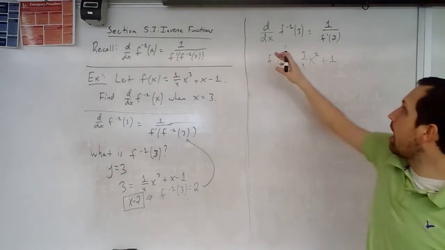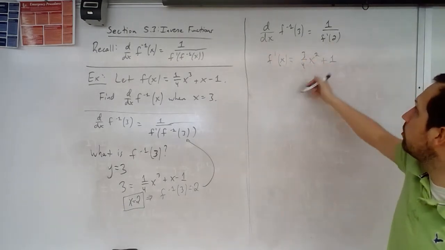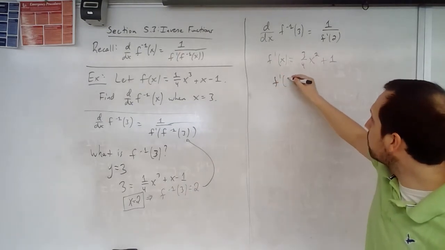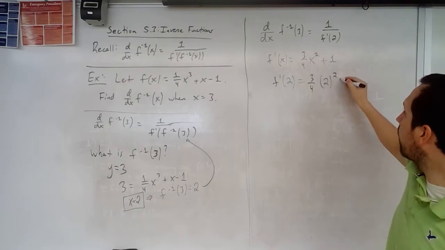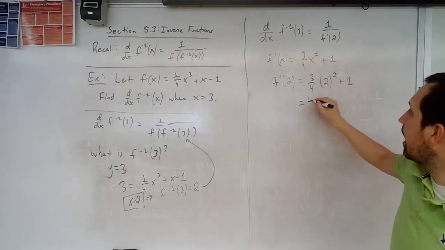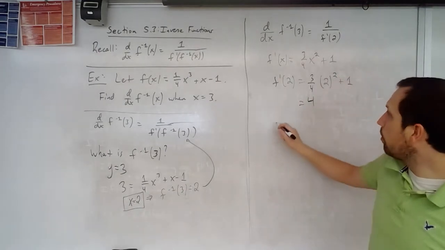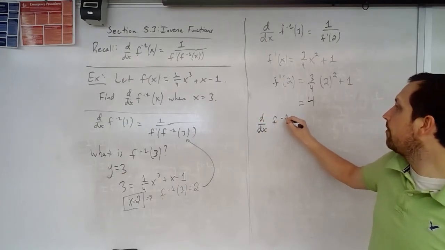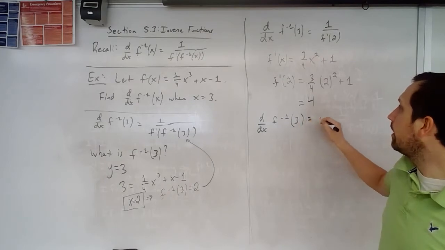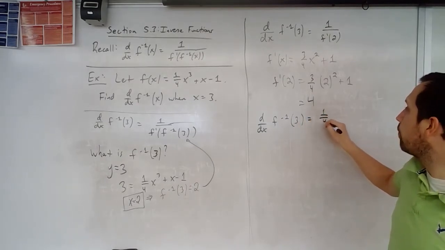Then all I have to do is plug in 2. So f prime of 2 is equal to 3/4 times 2 squared plus 1, or in other words, this is equal to 4. So this tells me that the derivative of f inverse at 3 is equal to 1/4.